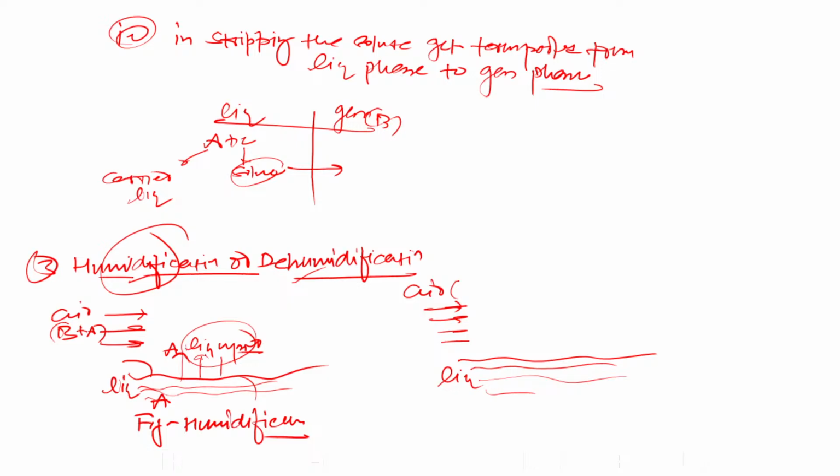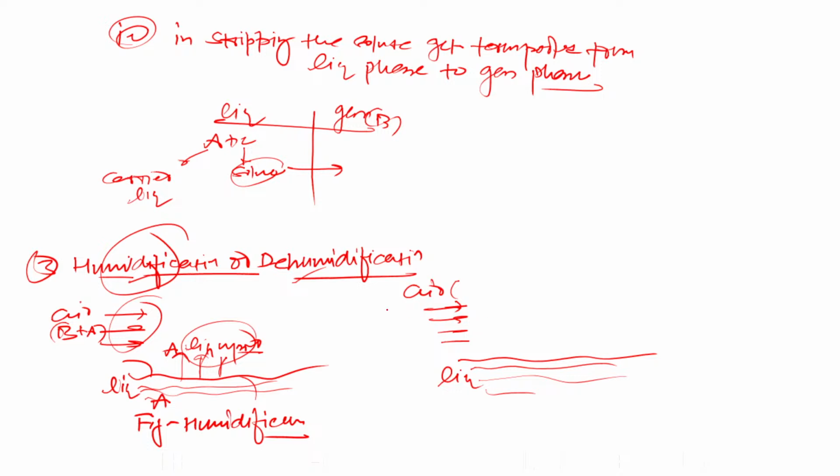If liquid vapor gets added, it means the amount of liquid vapor in the gas is going to increase, and that's called humidity. Why is humidity very high? Because at a given temperature, there is more vapor present in the gas medium. That's called humidity.